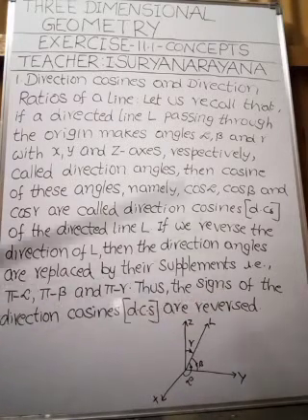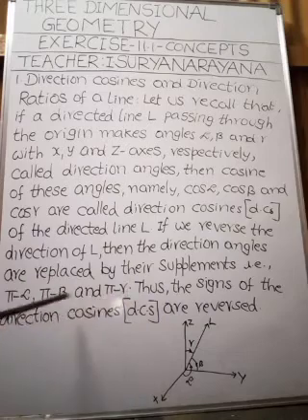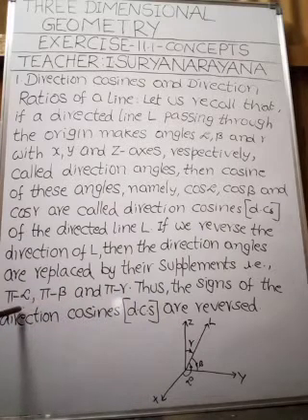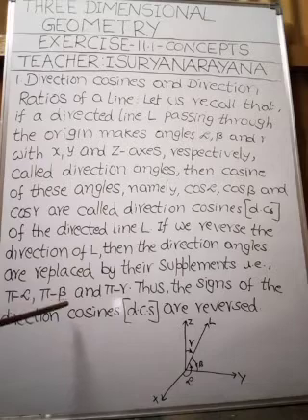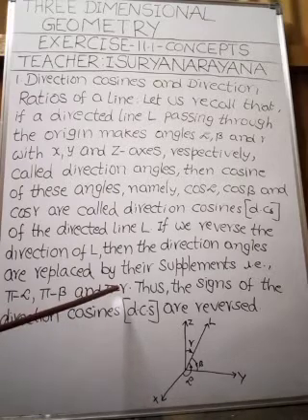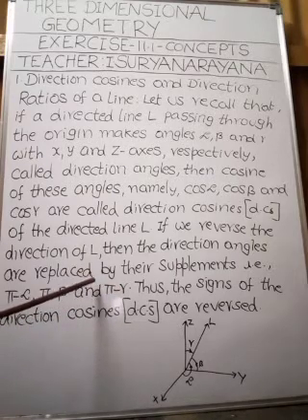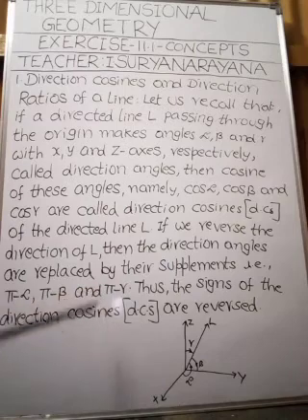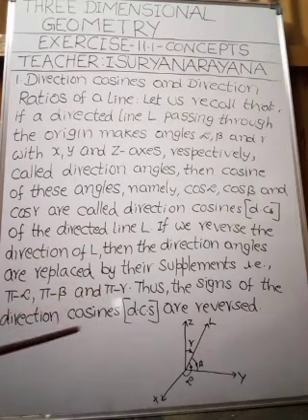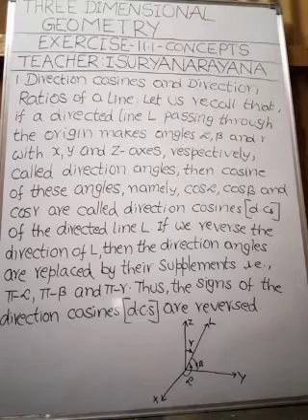Then the direction cosines of this line, which makes pi minus alpha, pi minus beta, and pi minus gamma with the x, y, and z axes, are minus cos alpha, minus cos beta, and minus cos gamma. Understood these points, right?